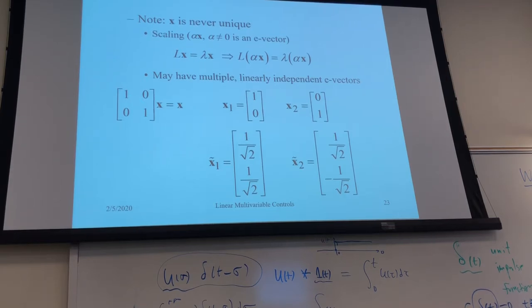Also you can normalize it in a way, and it's still true. So this is an eigenvector, and this is also an eigenvector. So you can look very different. Can you see that?